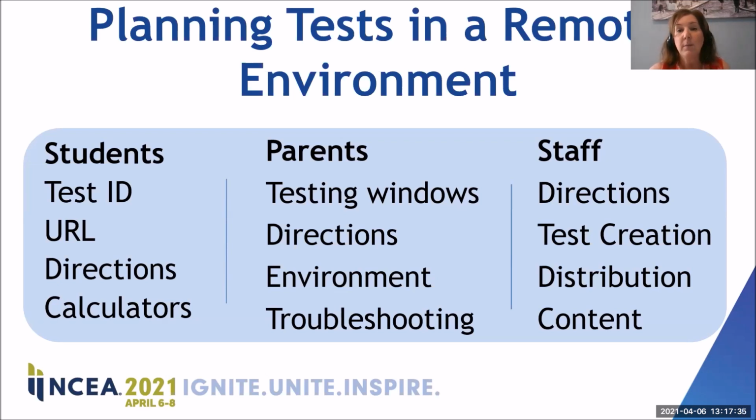If we're thinking about a formative assessment, we just taught a whole chapter on fractions and we want to give a student just a test about fractions to check their learning. Or some of our diocesan schools give a religion assessment in this content neutral platform. We want to be sure that the tests that we're delivering are meaningful. We want to make sure that we're using the data in a meaningful way.